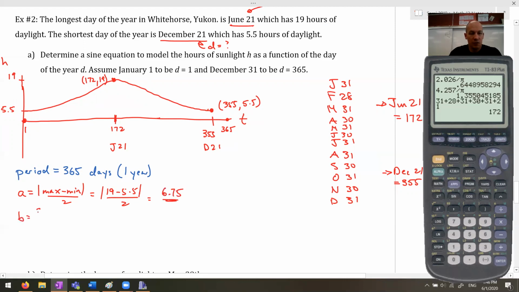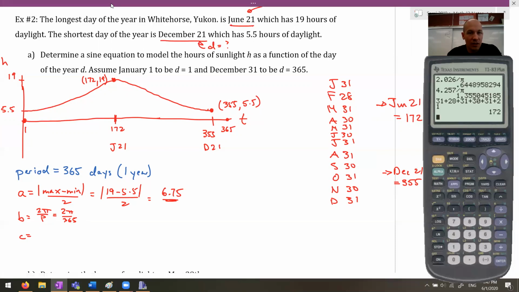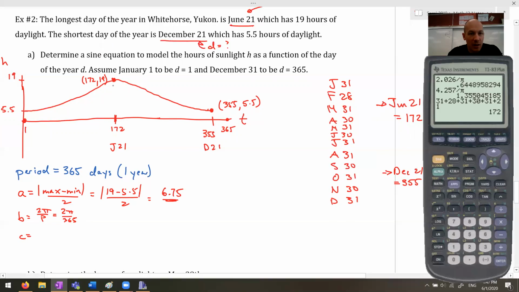B is equal to 2 pi over the period. Okay, so this is going to be a gross number, but that's what it is, 2 pi over 365. C, in this case, what is C? If we look at the official lowest point of the year, or the highest point of the year, we can see that it happens right here.